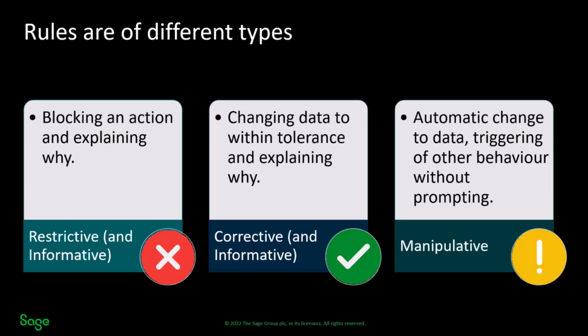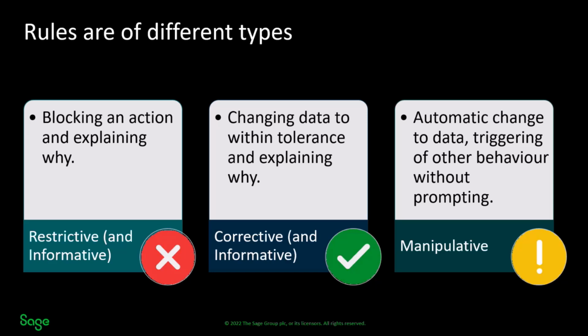And then the last type of rule, which is very often not coupled with any informative behavior, is something called a manipulative rule. And a manipulative rule is a way of cascading a change within the system. So this is the example, as the text says, an automatic change to data, triggering other behavior without prompting.